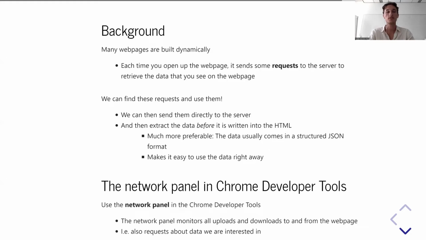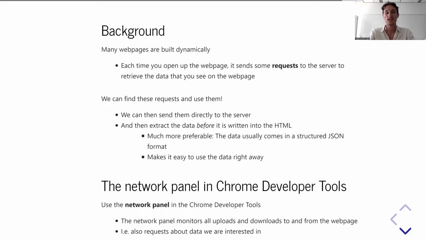So what is this network panel? The network panel you can find in the Chrome developer tools. You have seen some intro of the Chrome developer tools, but I will show you again. You can use the network panel in the Chrome developer tools to monitor all uploads and downloads to and from a web page.